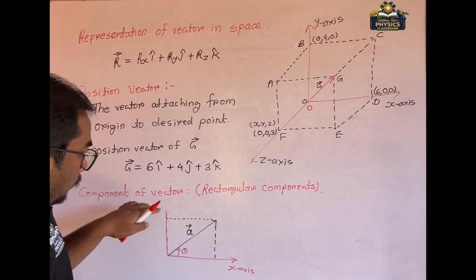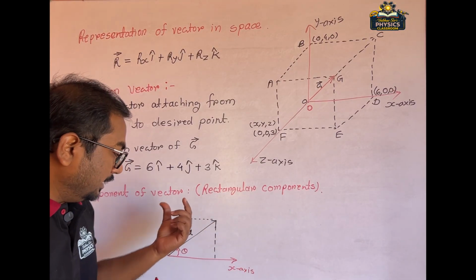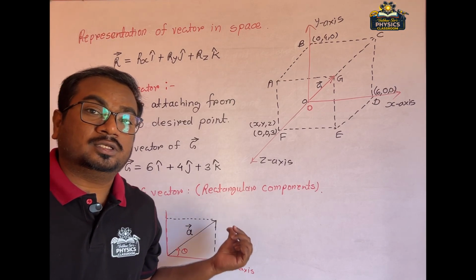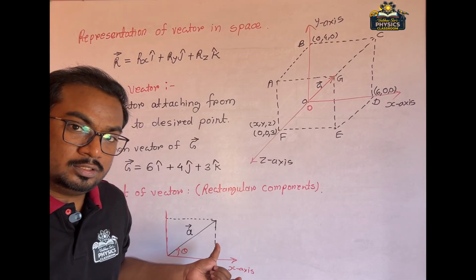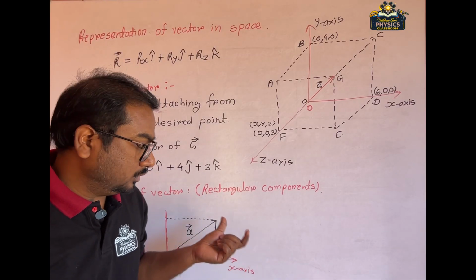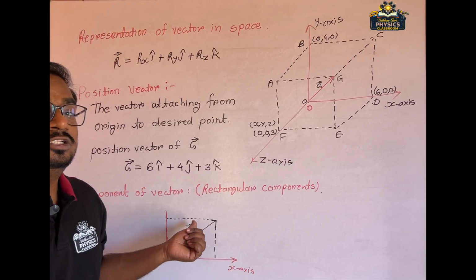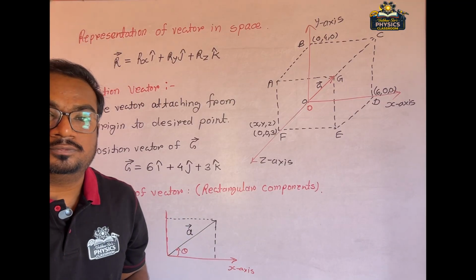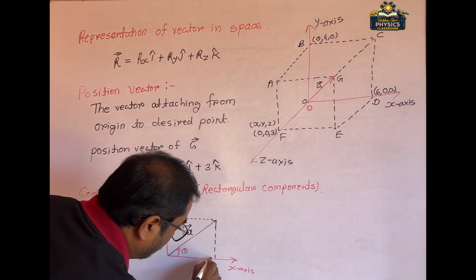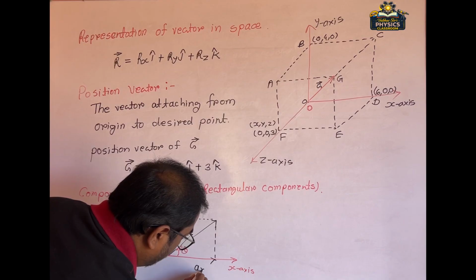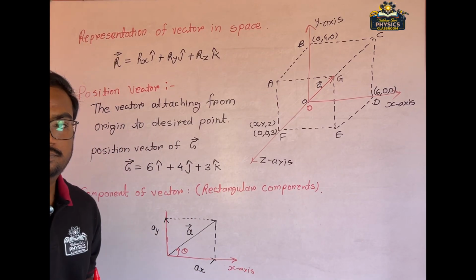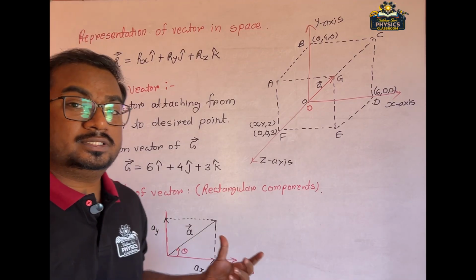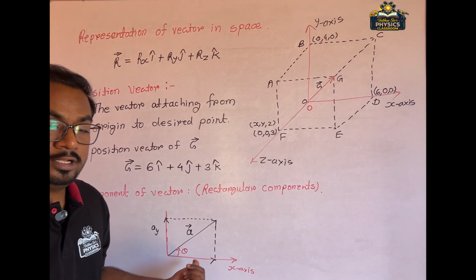So the components of a vector means this A vector will be the resultant of the component vectors. So this is the summation or the addition of both vectors. This is the ax and this is the ay. But how can we represent them in the form of theta?